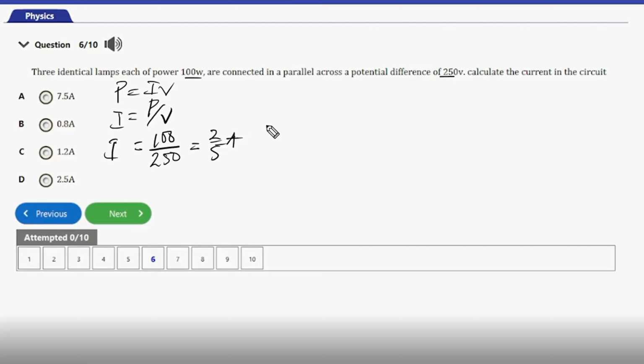So remember, we said here we have 3 identical lamps. So in that case, since there are 3 identical lamps connected in parallel, we are going to have I1 plus I2 plus I3.